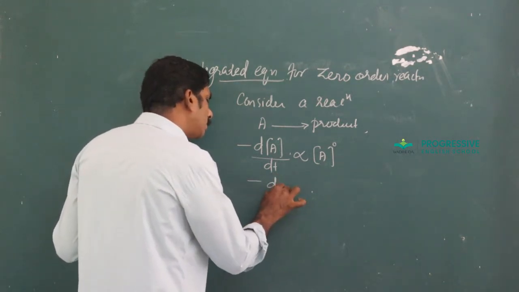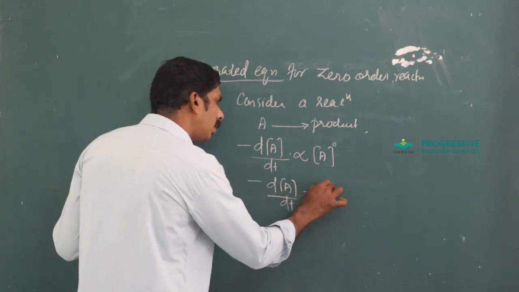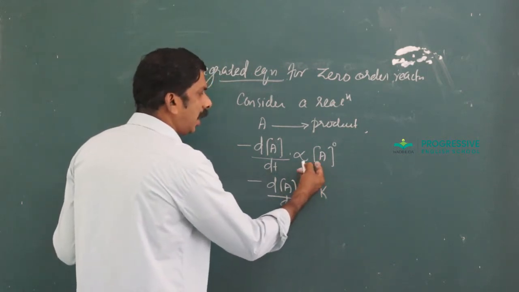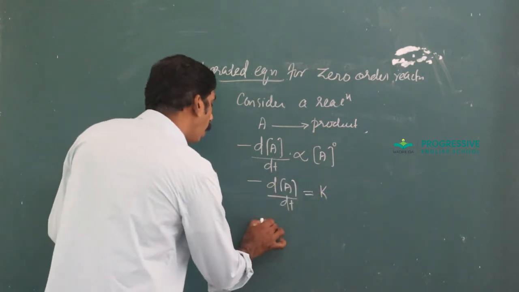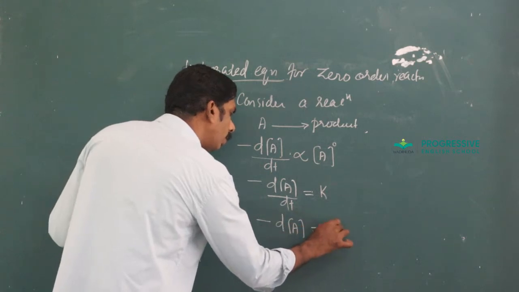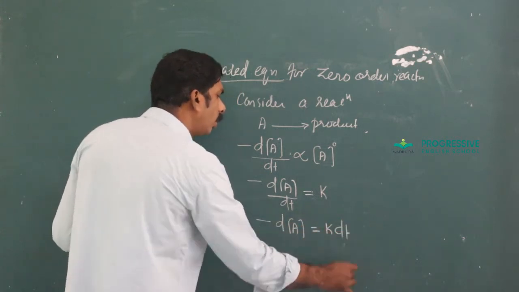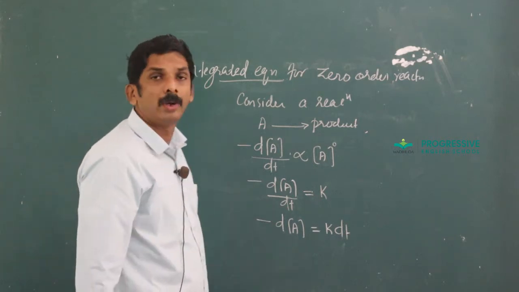Or minus dA by dt equal to k, because k into A raised to 0 means k into 1. Or minus dA equal to k into dt.